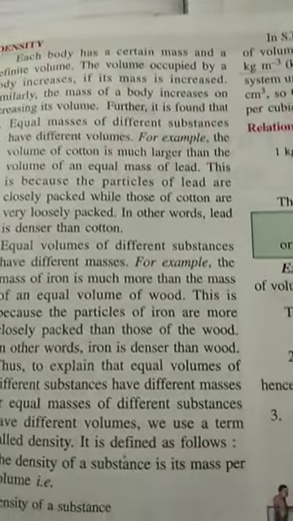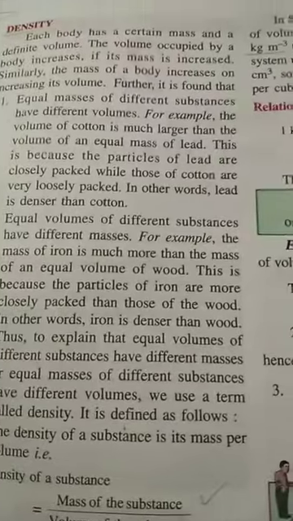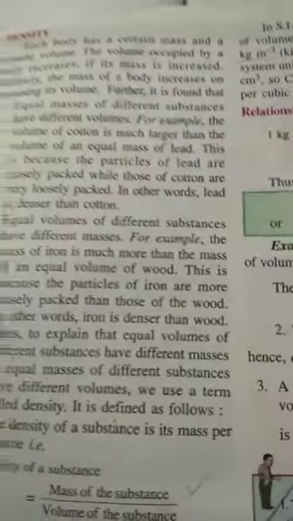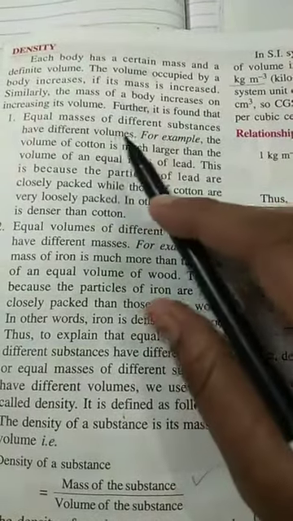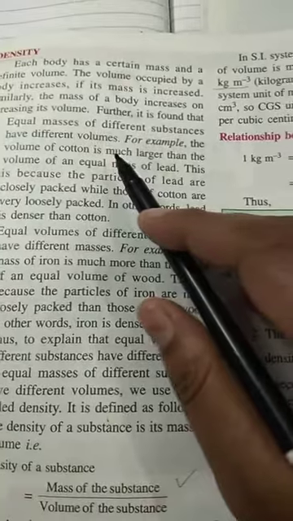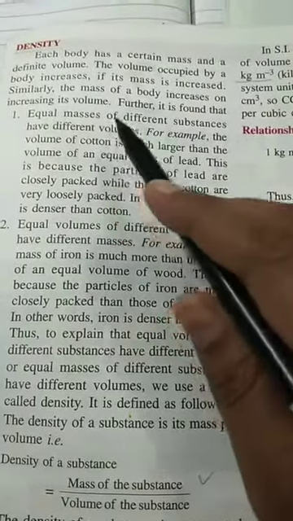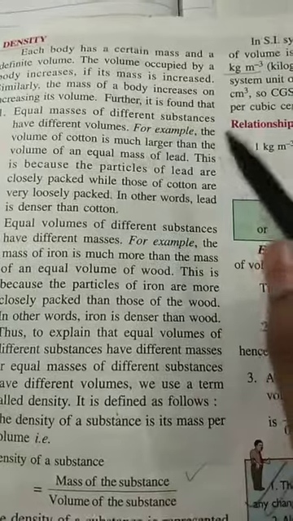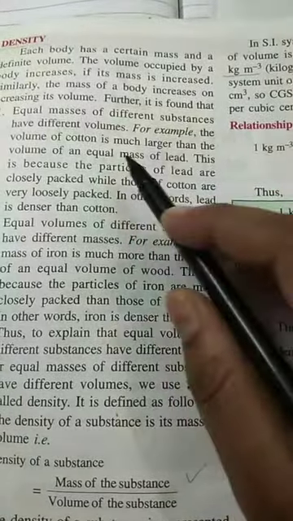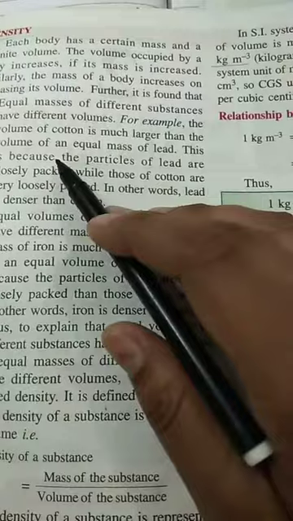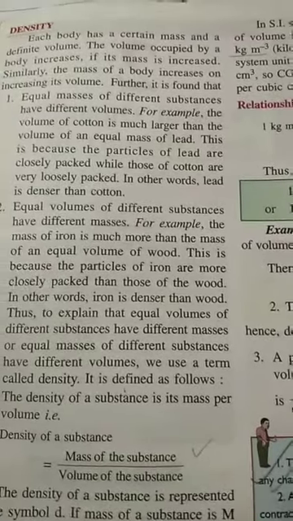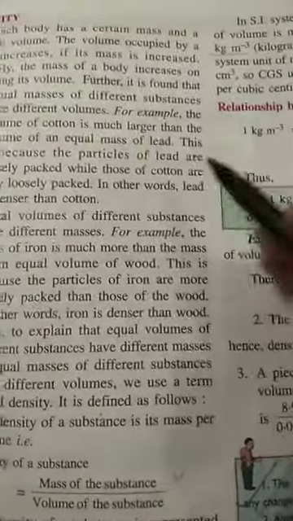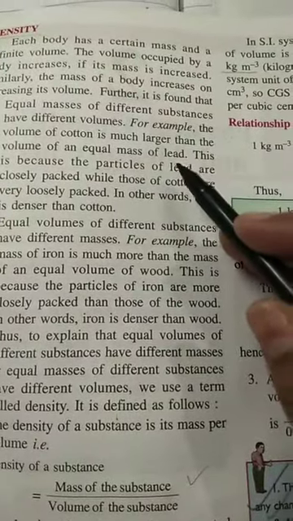Further, it is found that equal masses of different substances have different volumes. Students, this is very important. For example, the volume of cotton is much larger than the volume of an equal mass of lead. Cotton is fluffy and takes so much space, whereas lead is solid and takes less space.